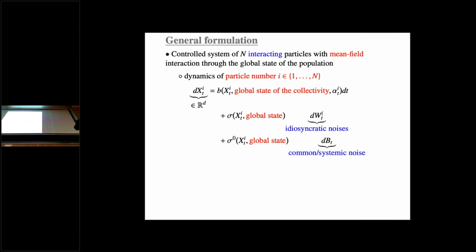I'm going to say that these are individual noises. This is slightly easier to say. And the key feature is that those noises are independent. So everybody has his or her own shocks. And you may have a volatility or a diffusion. It might depend on the state of the player itself, on the global state of the population.